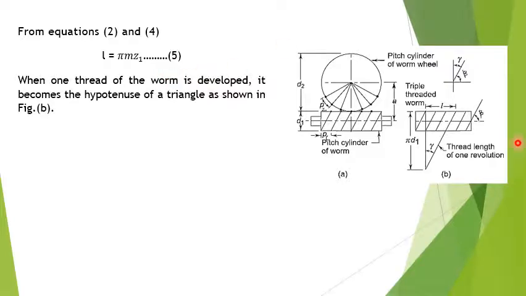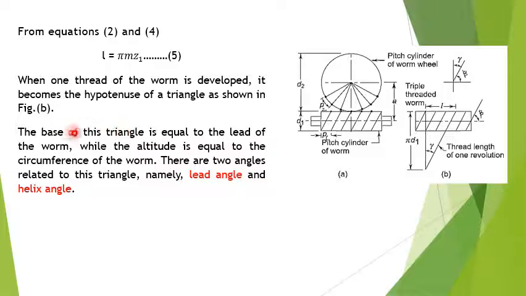Now referring to this figure, when one of the threads of the worm is developed, it becomes the hypotenuse of a triangle as shown in figure B here. The base of this triangle is equal to the lead of the worm, and the altitude or height is equal to the circumference of the worm, that is pi d1.